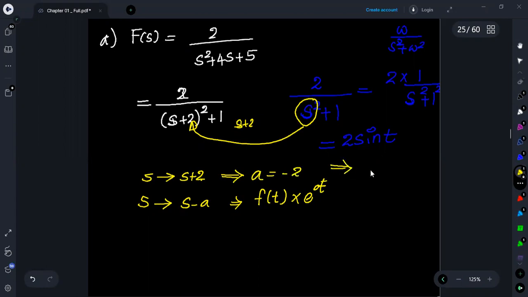That means we need to multiply our function f of t by e to the power minus 2t.